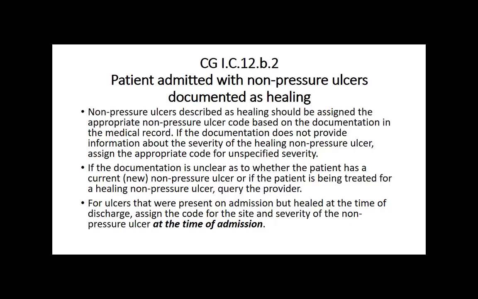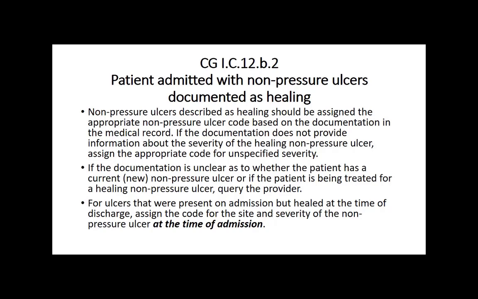We're going to assign the appropriate ulcer code based on the documentation in the record. If the documentation does not provide information about the severity of the healing ulcer, then we're going to code unspecified severity. And if the documentation is unclear as to whether the patient has a new ulcer or you're looking at a healing non-pressure ulcer, you would have to query the provider.